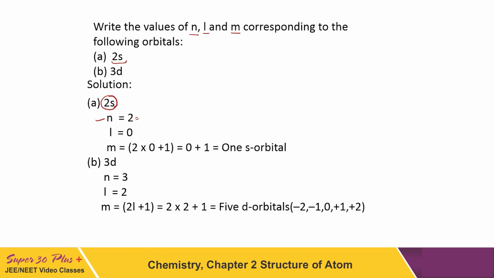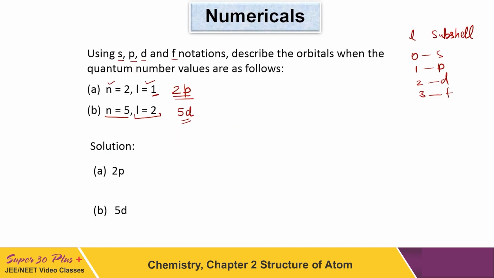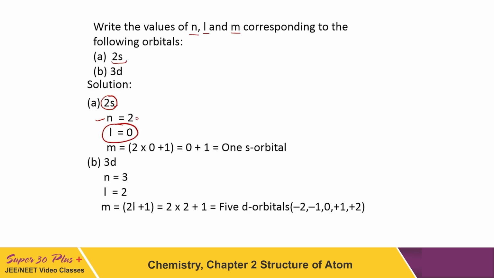As it is S, the value of azimuthal will be 0. I told you in the previous slide also, the azimuthal quantum number value is 0 for S. So l is 0. And if l is 0, there is only one possible value of m, which is 0. Minus l to plus l. Minus 0 to plus 0.